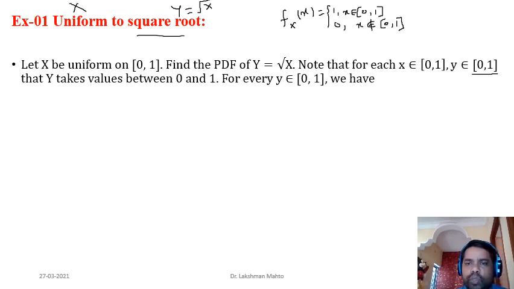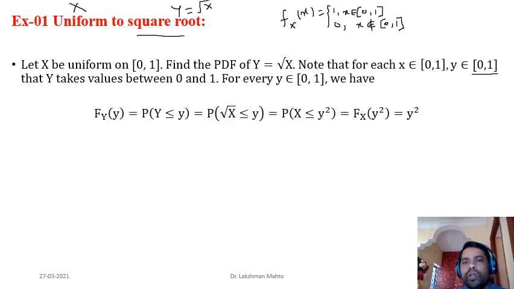So for each y, there are two approaches. One approach we call the CDF approach. We don't know the PDF of y because it is a function of x, so we will try to find the CDF, the cumulative distribution function, of y. From the definition of the CDF, it is the probability up to y, and y is a function of x.